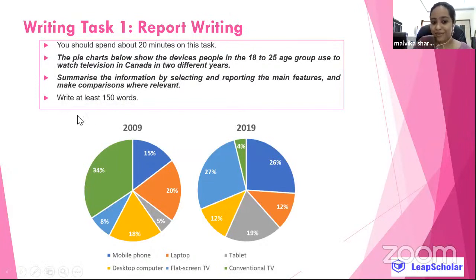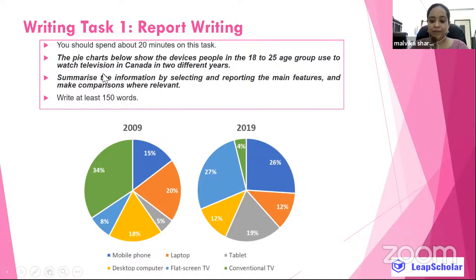Where? The place is Canada. What is the purpose? They want to watch television. Do we have some years? Yes, we have 2 different years, 2009 and 2019. So that is our question, guys.